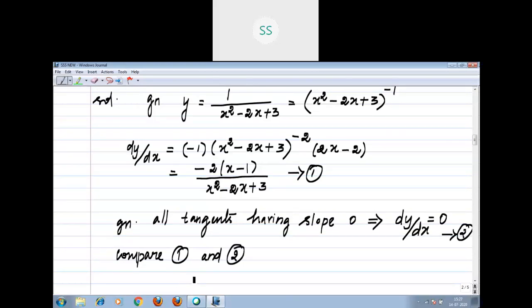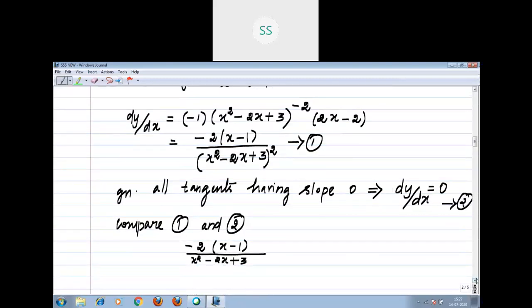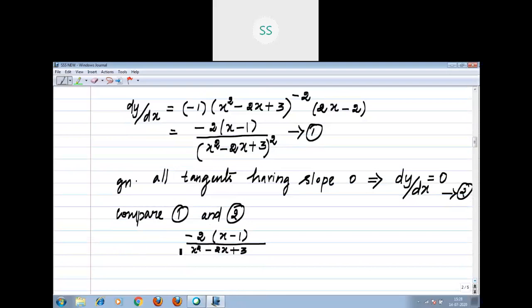What you can get, you see: minus 2 into x minus 1 divided by x square minus 2x plus 3, the whole square, equal to 0.